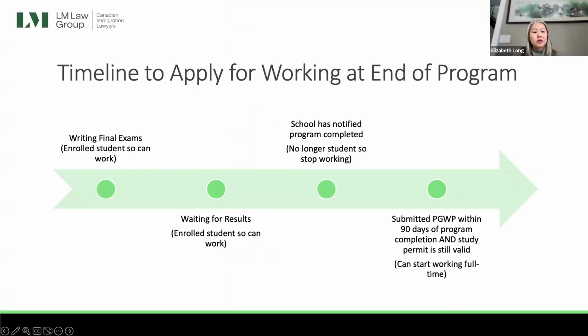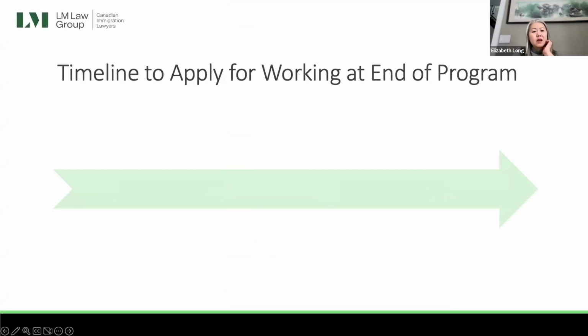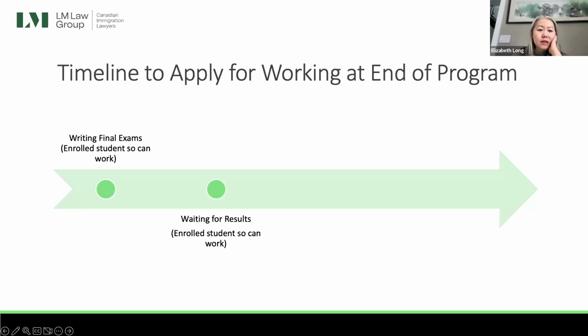Okay, so let's talk about a little bit of a timeline about when you can work at the end of your program. Let's say you're writing your final exams. Have you graduated? No, you're still writing your final exams. So you can work at that point. You're waiting for your results. Have you graduated? No, you're waiting for your results. So you can work at that time. Now, the school has notified you that you have completed your program.